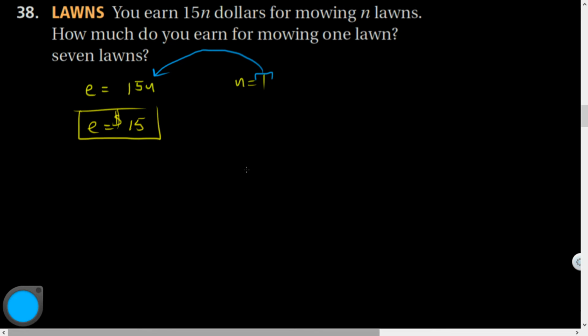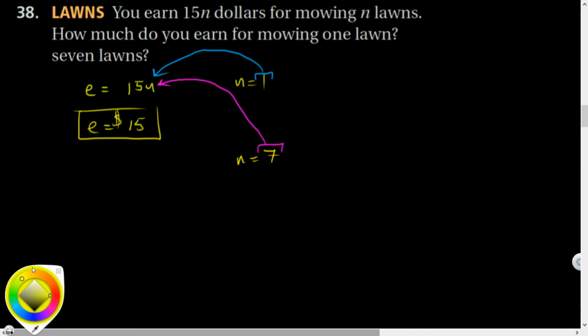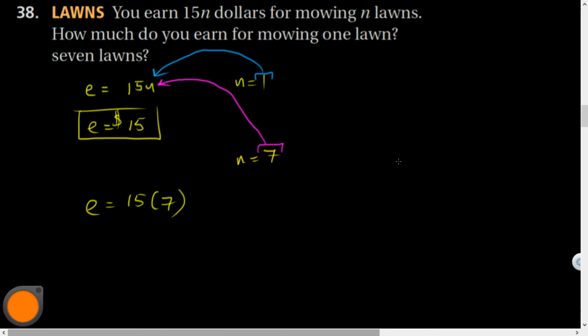So when N is equal to 7, I'll plug that into the same exact expression. And this time I'll have E is equal to 15 times 7. Little scratch note on the side here.